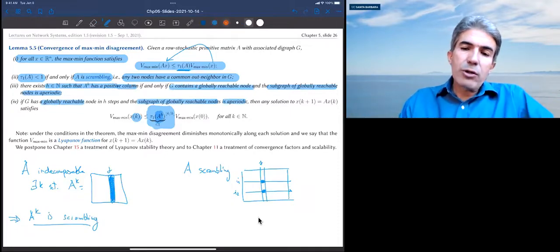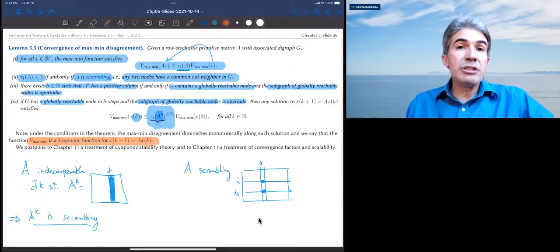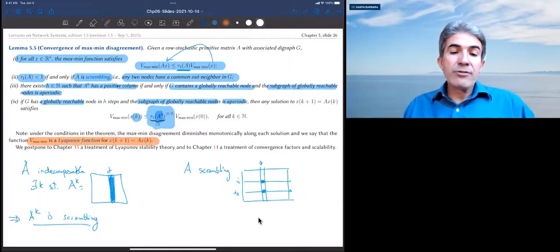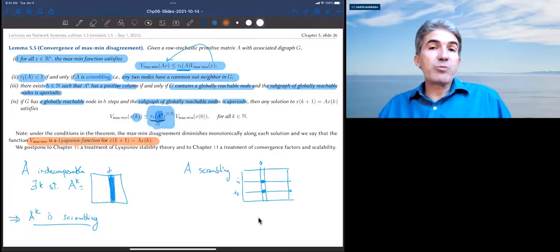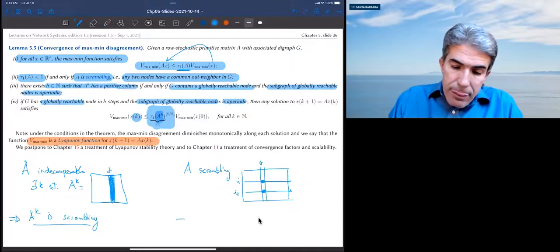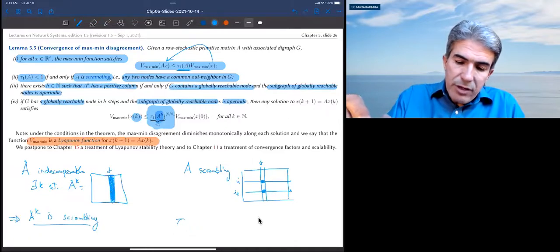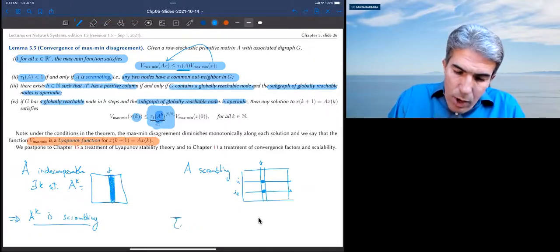To cut a long story short, I've shown you that there is a Lyapunov function, the function Vmax minus Vmin. And the coefficient with respect to which the function is decreasing is tau 1 of A, but, sorry, this has been written badly, let me write it better. It's tau 1 of A after some number of steps.